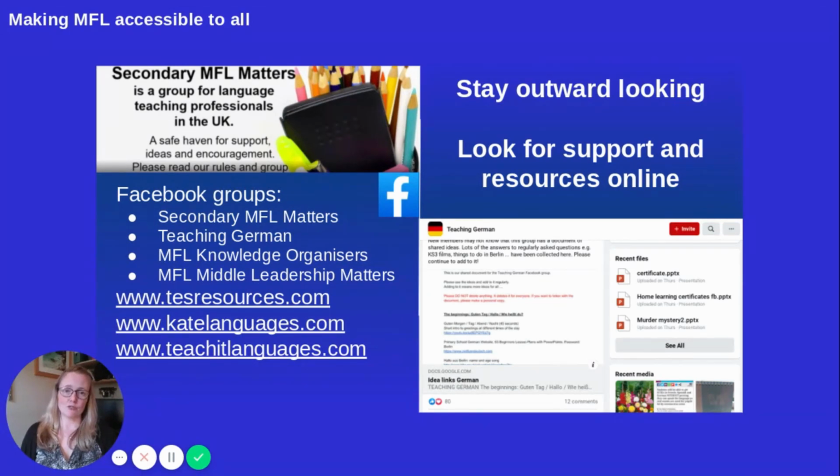I use TES resources as well. However, that sometimes can be a bit expensive, but depending on what the product is, it can be worth it if you're looking for a quick find. Something else that I use is katelanguages.com. This is brilliant for Key Stage 4. There's lots of writing, translation, reading materials that you can easily use and adapt for all abilities.